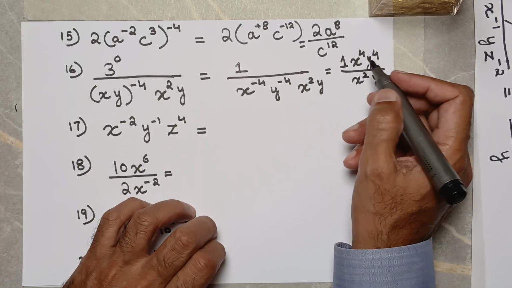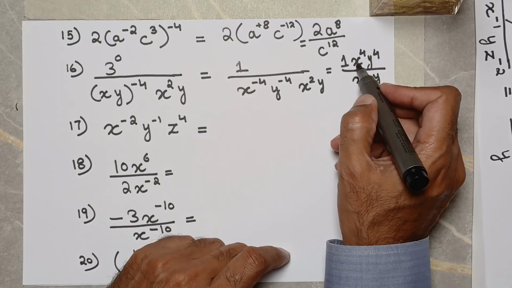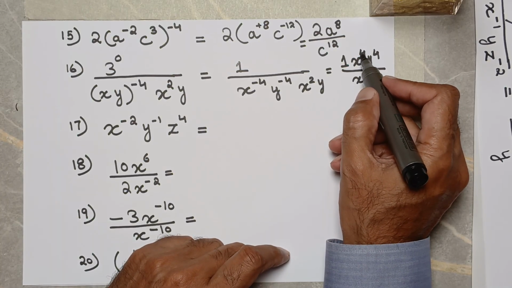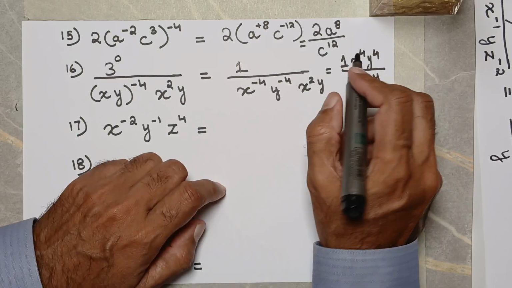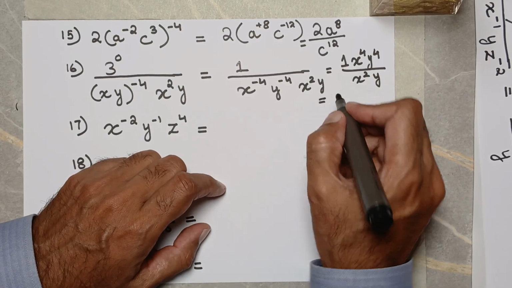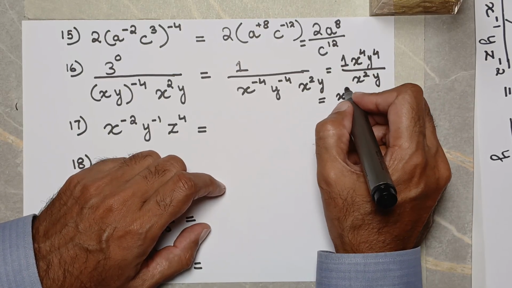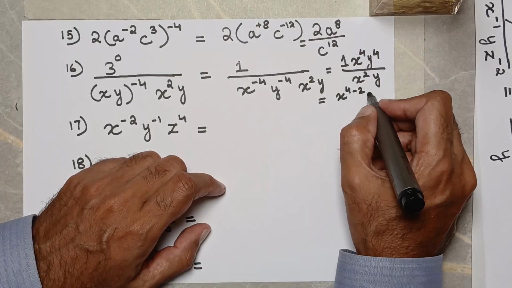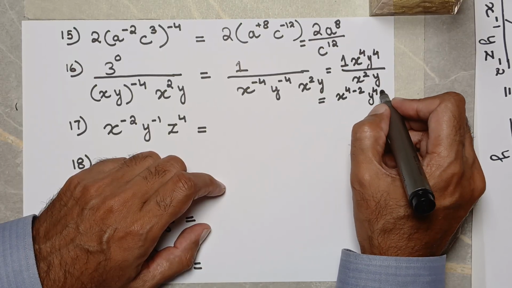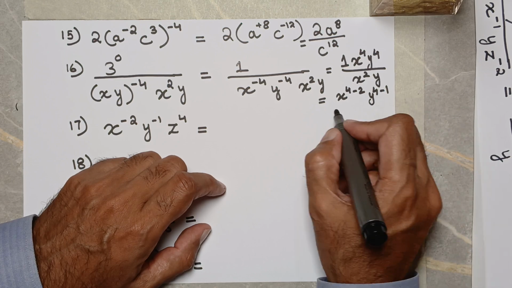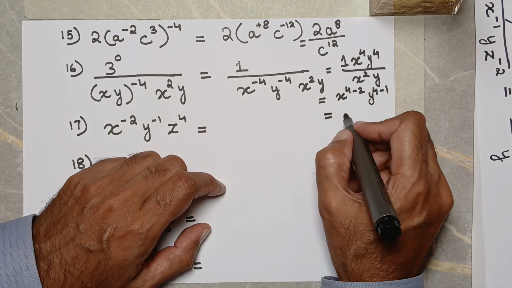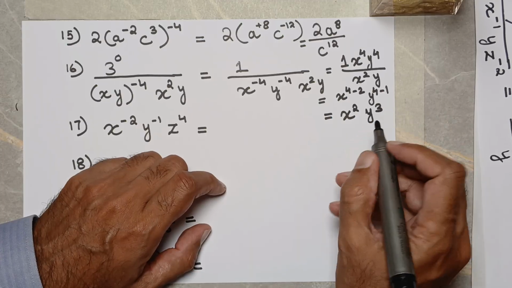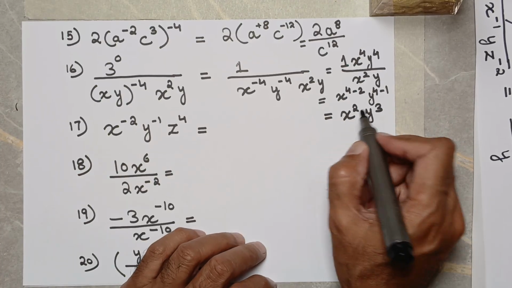Now here the condition says that when the bases are the same, we have to look at the condition of m greater than n. So we will simply write x raised to the power 4 minus 2 and y raised to the power 4 minus 1 over here. So it will give you simply x raised to the power 2 and y cube over here. That is our final answer.